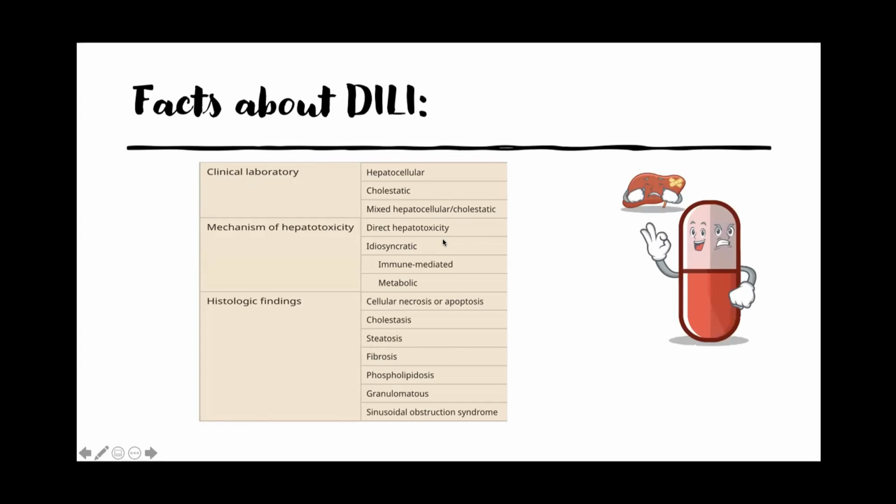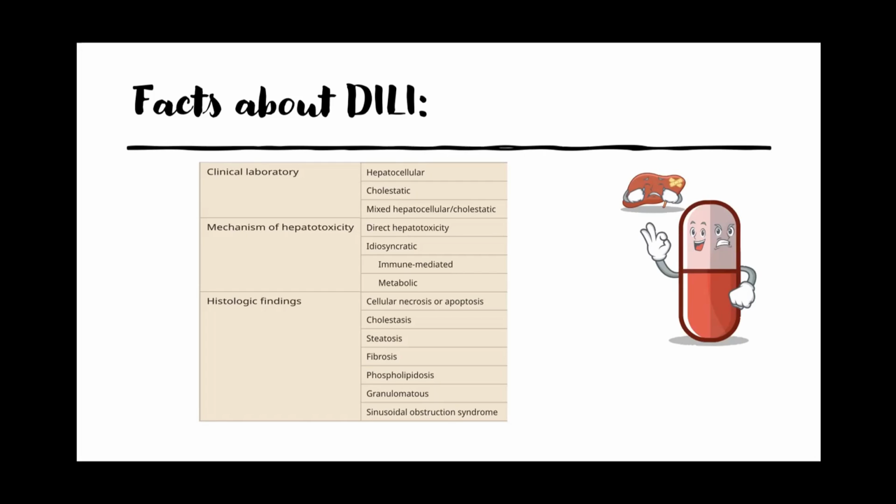Just to take home the message: drug-induced liver injury might be dose dependent or not dose dependent. There is direct hepatotoxicity, which is usually with medications that have a specific latency time, are known to cause liver injury, and is usually dose dependent.